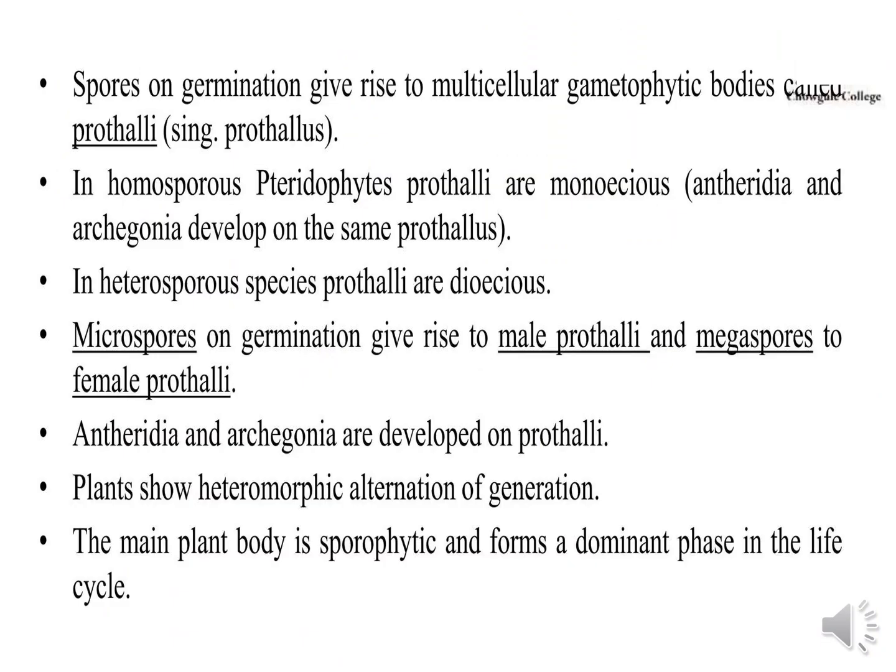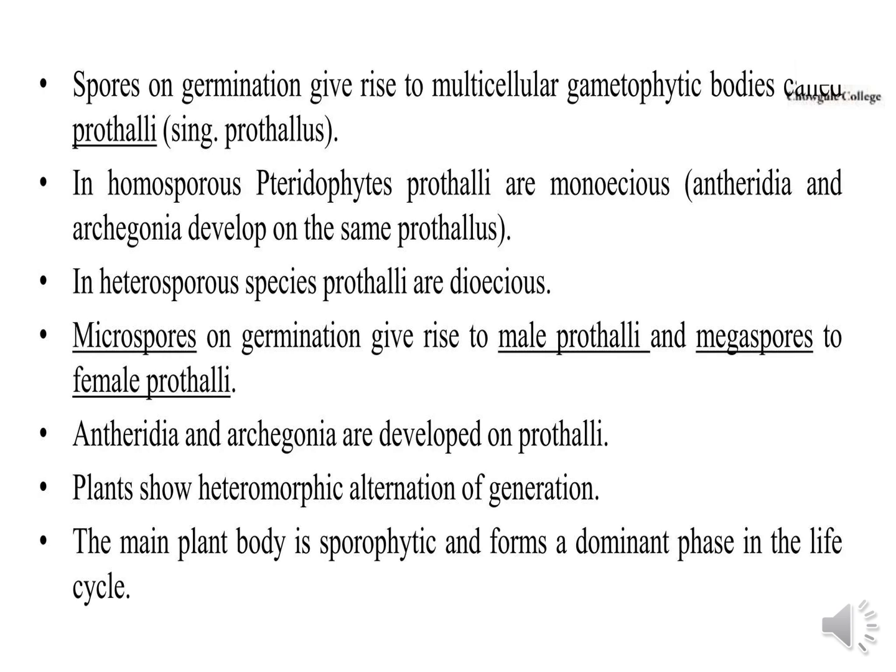on germination give rise to a multicellular gametophytic body called prothalli, or singularly prothallus. In the homosporous pteridophytes, prothalli are monoecious, that is, the antheridia and archegonia are developed on the same prothallus.